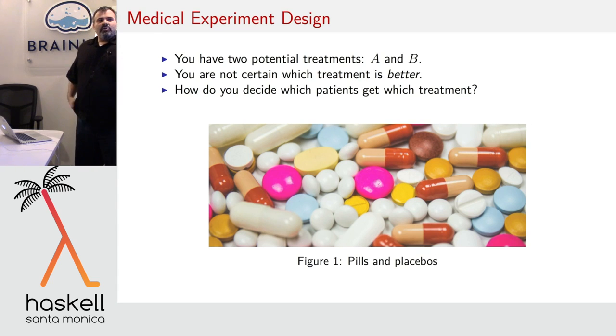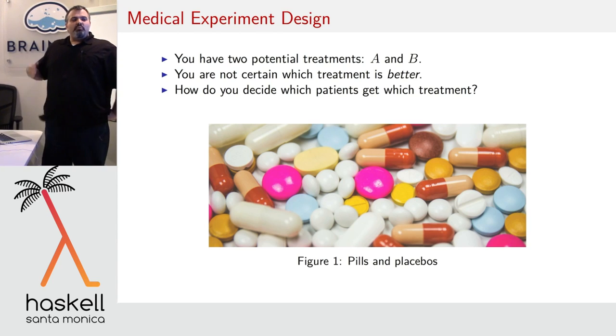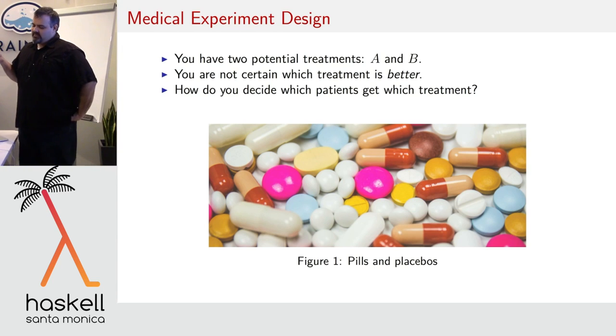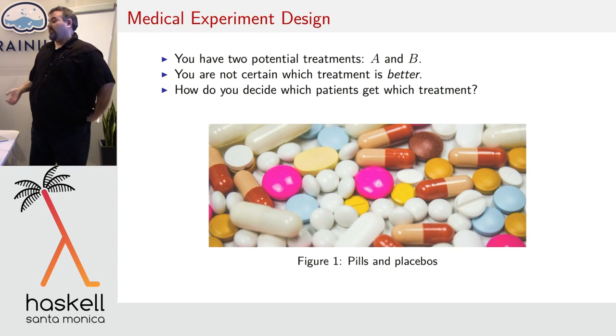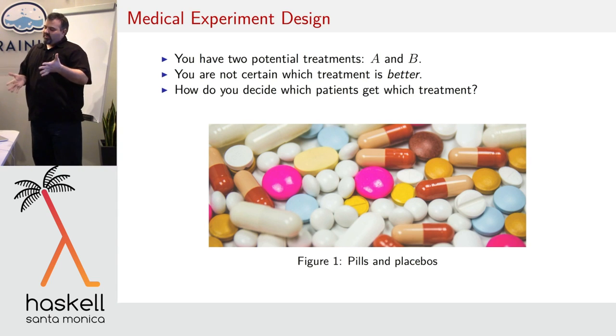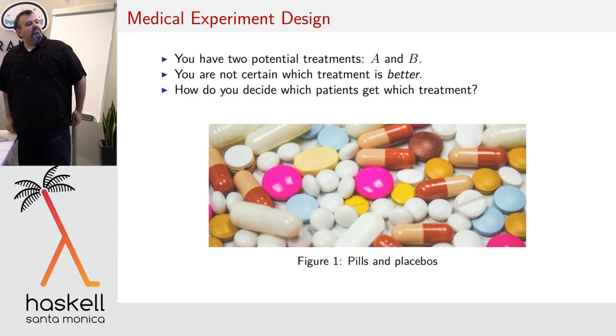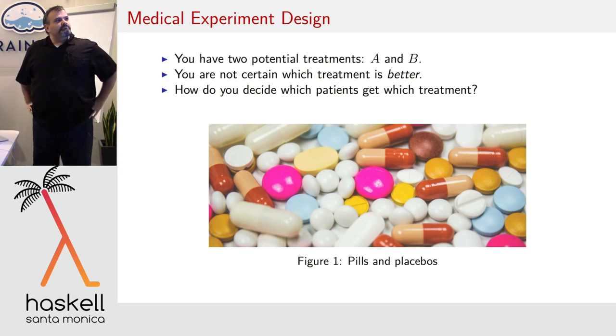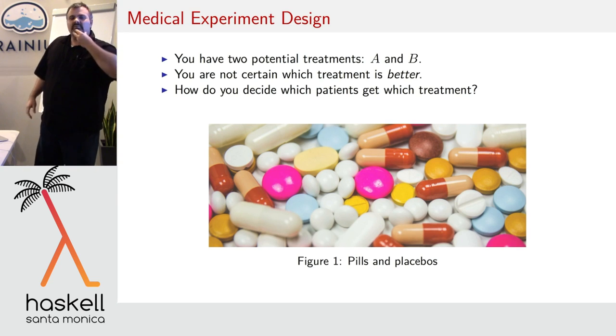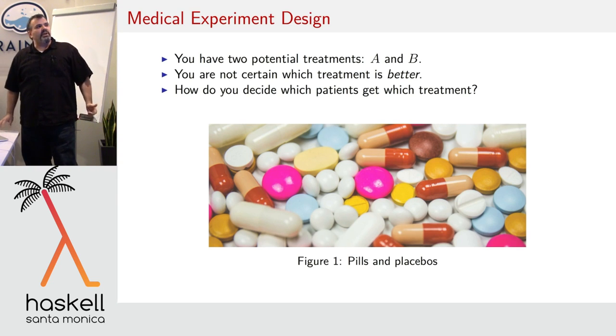So you can say better as in you pick some trait, like say hair loss, and you want to say maybe prevent hair loss, you pick some criteria, and then you say, okay, now I'm going to measure better by which one prevents hair loss more frequently. So you pick some criteria for which you're going to measure better.